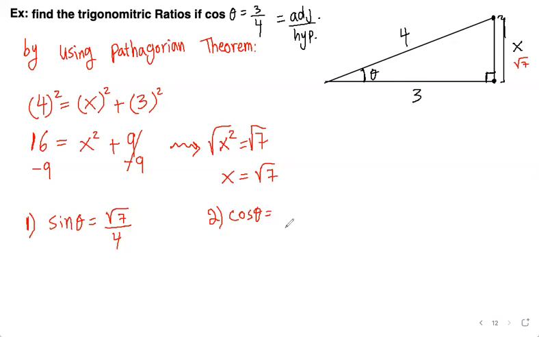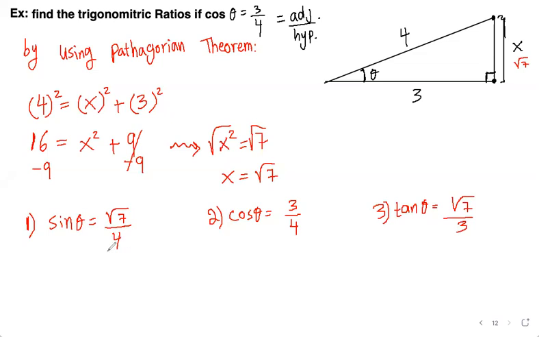Cosine is 3 over 4, it's given. What is the tan of theta? The tan is the opposite over the adjacent, square root of 7 over 3.